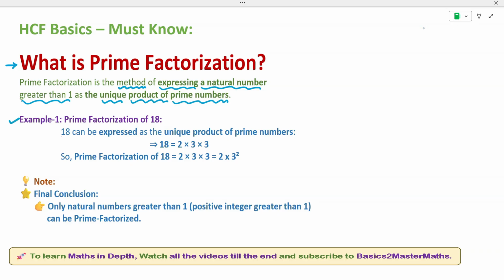Example: 18 can be expressed as the unique product of prime numbers 2, 3 and 3.